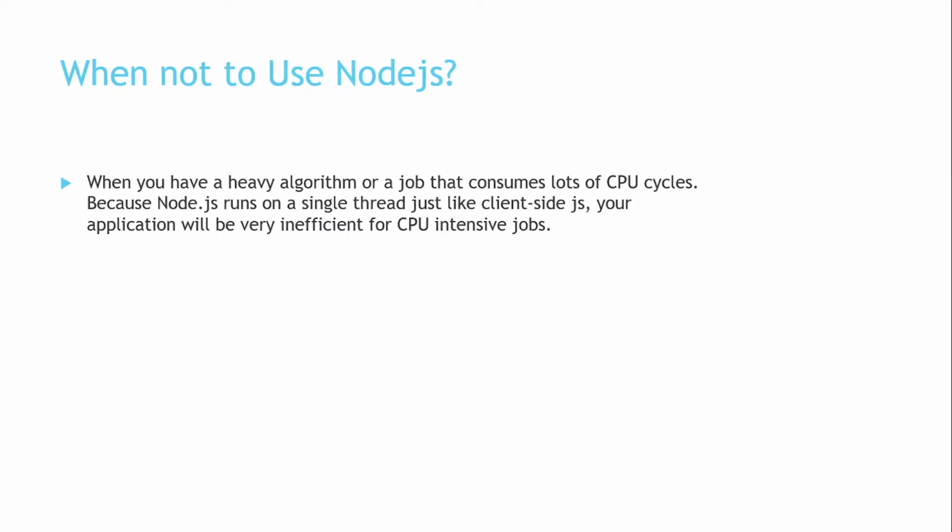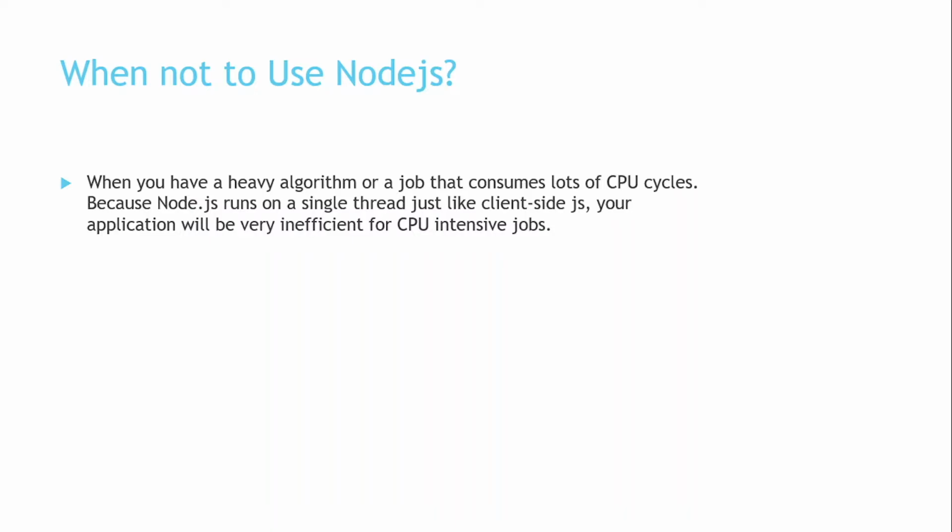When should we not use Node.js? When you have a heavy algorithm or a job that consumes lots of CPU cycles, because Node.js runs on a single thread, just like client-side JS, so your application will be very inefficient for CPU intensive jobs.